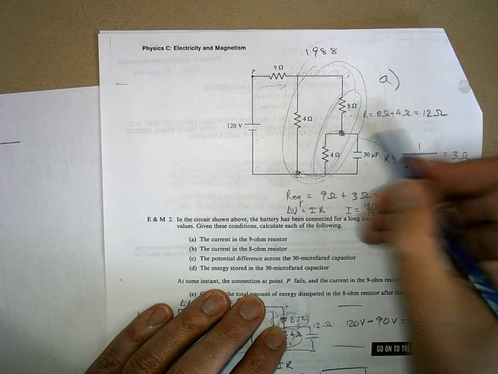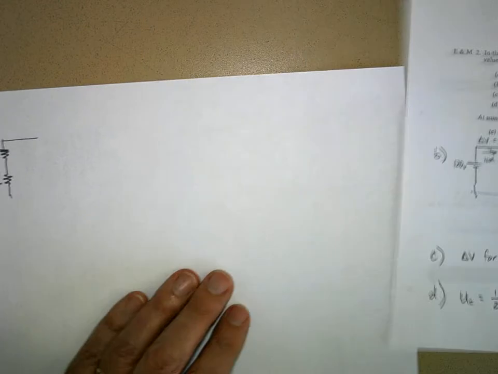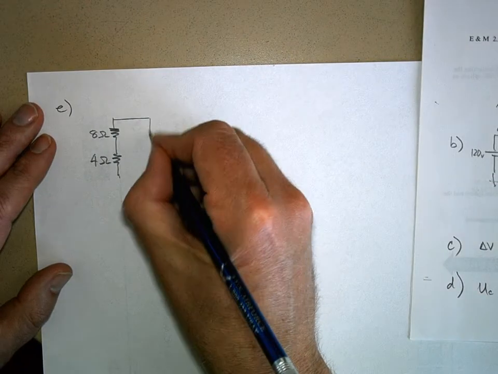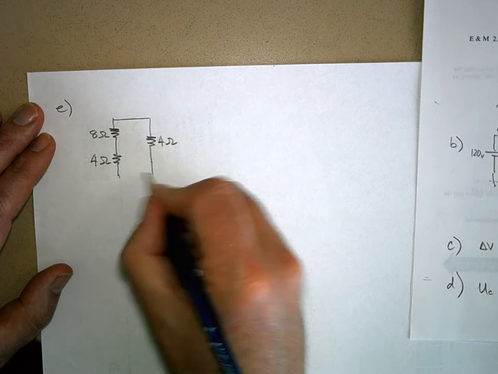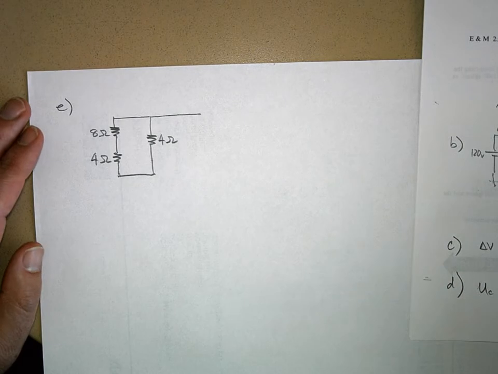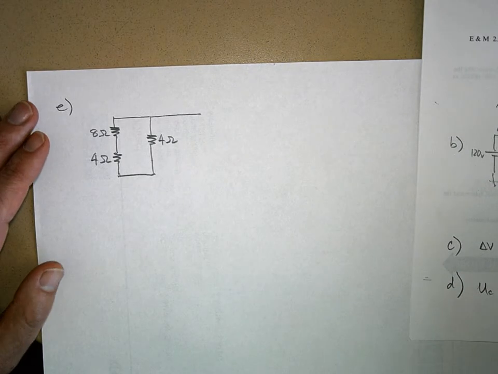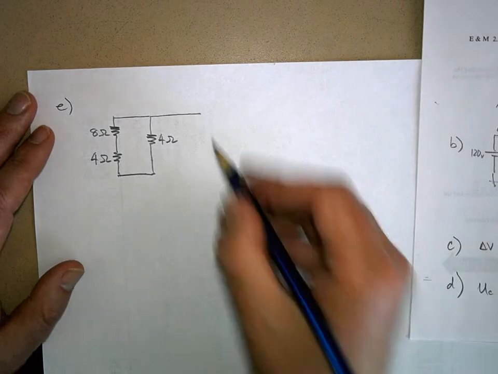So the 8 and the 4 ohm resistors are in parallel with the 4 ohm resistor. So I can draw it like this. And of course, the 4 ohm resistor and the 30 microfarad capacitor are in parallel as well.